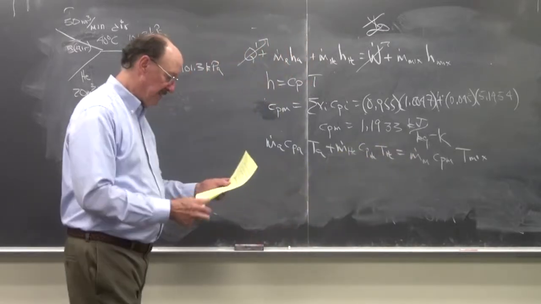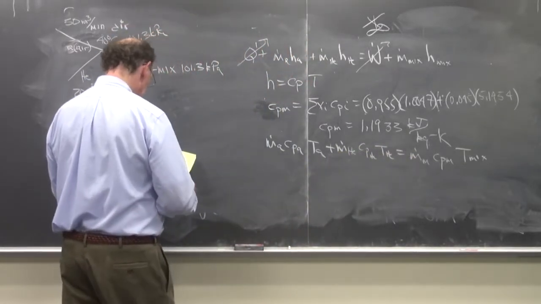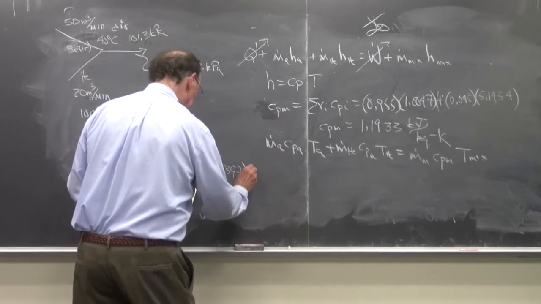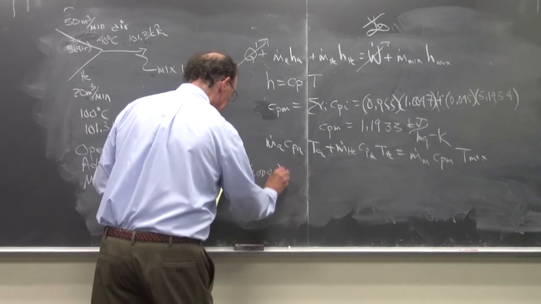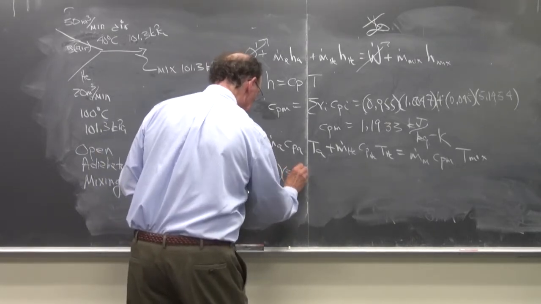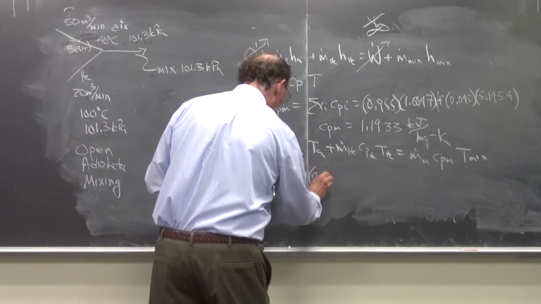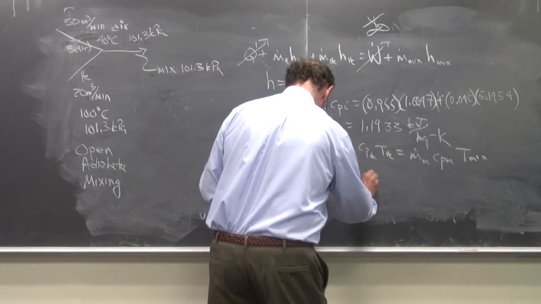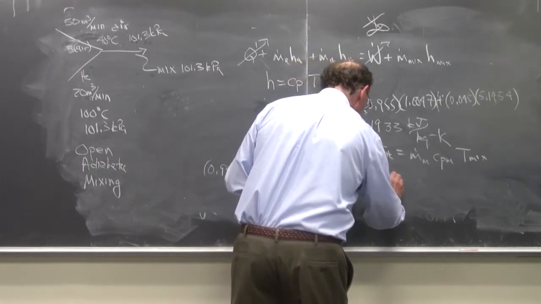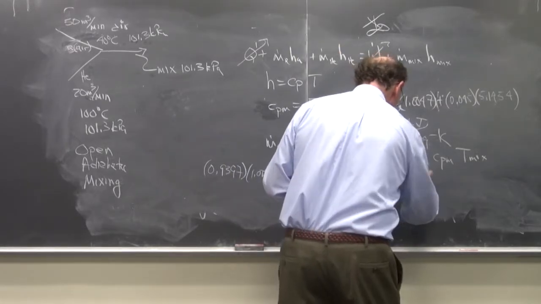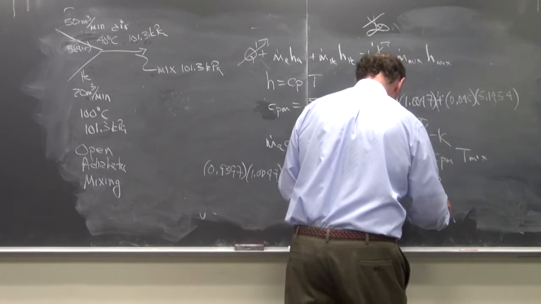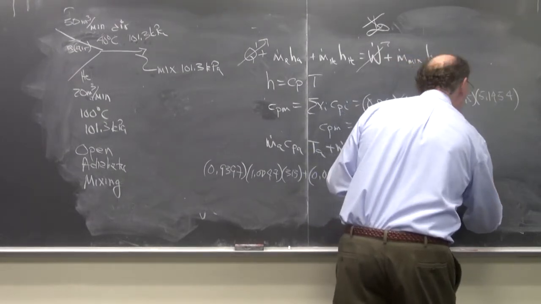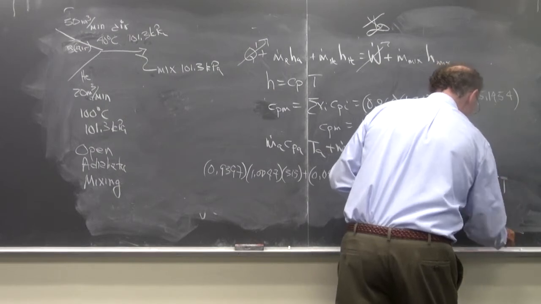So I'm going to substitute all that stuff in, and we'll have the following. 0.9397 times 1.0047, C sub P of the air, times the temperature of the air, 313, plus 0.0436 times 5.1954 times 373 is equal to 0.9833, the total mass flow rate, times C sub P of the mix, 1.1933, and the temperature of the mix.